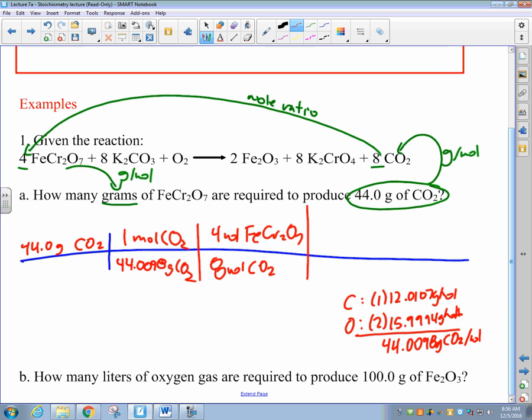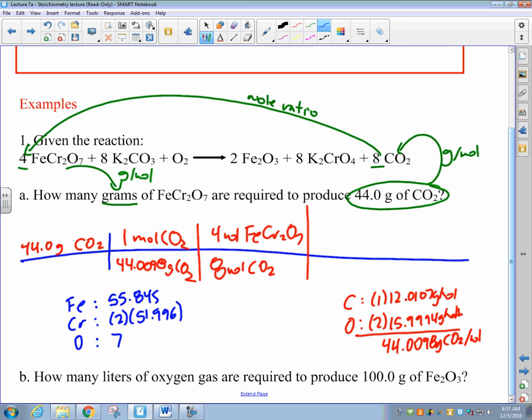And then last but not least, to go from moles to grams, we need another molar mass, right? Now of the ferrous dichromate. This one I'm going to need your calculation help here, guys. I don't know this one off the top of my head. Let's see, we've got iron, chromium, and oxygen. There's 1 iron. Iron is 55.845 grams per mole. Chromium, there are 2 chromiums times 51.996, I believe, grams per mole.